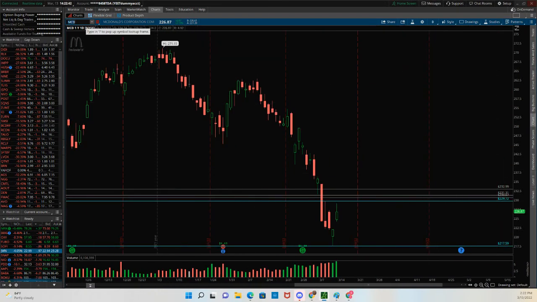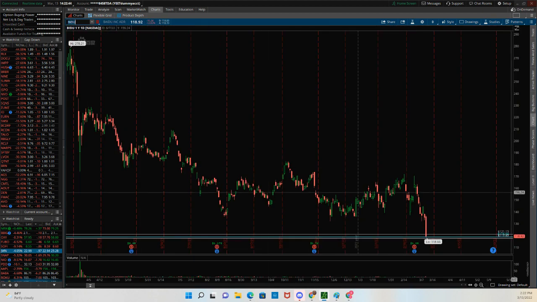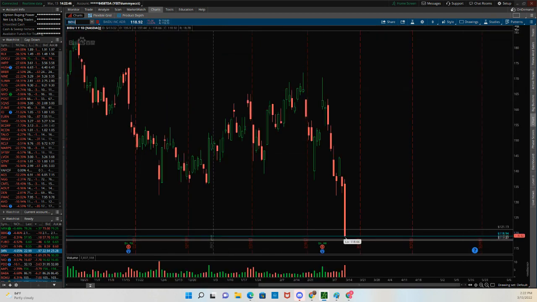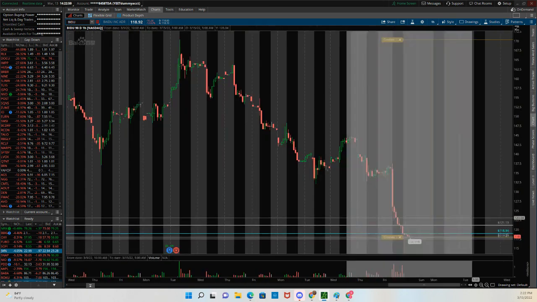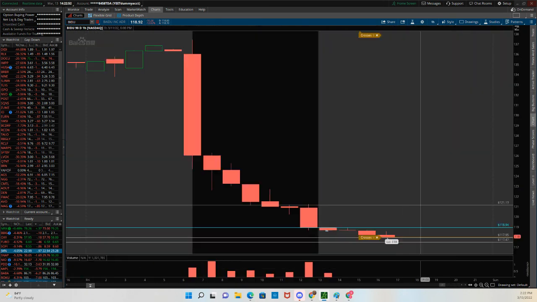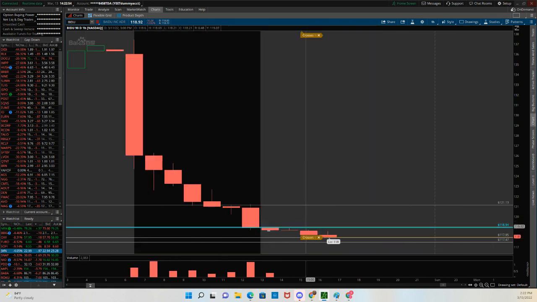Let me go back to Baidu because I know it was short, but it was a lot of information. Step one, you're going to look for these big candle gap downs or gap ups, especially in this market. Step two is you're going to look for the top wick that stops ahead of a very large candle, and then the bottom wick of the hourly, so the hourly low of the day.